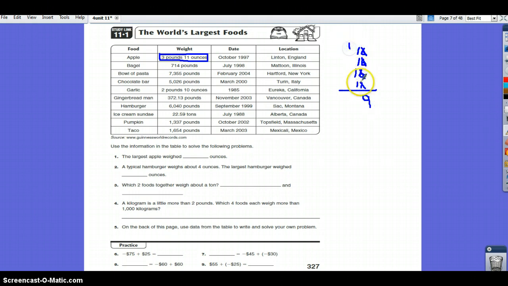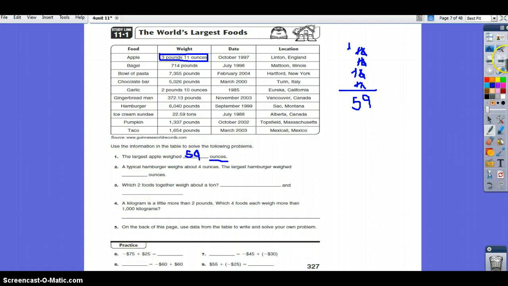Carry the 1. 1, 2, 3, 4, 5. So it weighs a total of 59 ounces. So make sure whatever it's asking you that you do exactly as it says. It didn't ask how many pounds and ounces. It said just ounces. Go ahead and finish the rest of the page, do the practice, and turn it in.